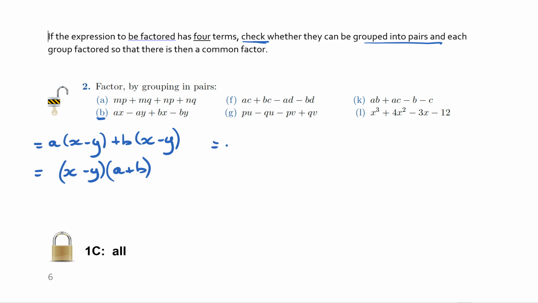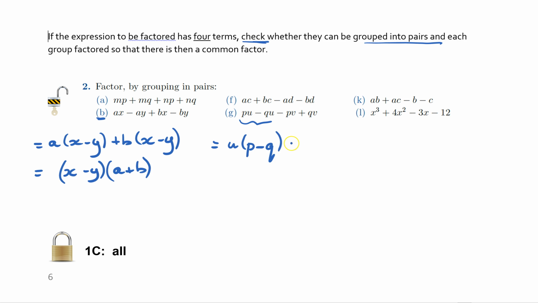For our next one here, I've got a u as a common factor here, a v as a common factor there. So if I take u out of these two, that will be u outside of p minus q. And here I've got v.